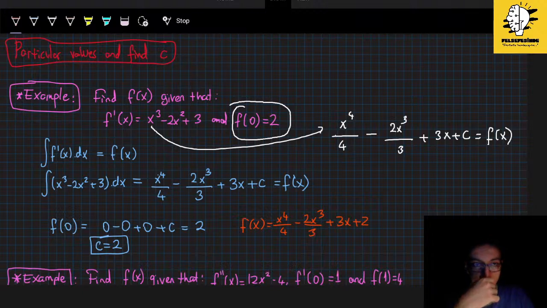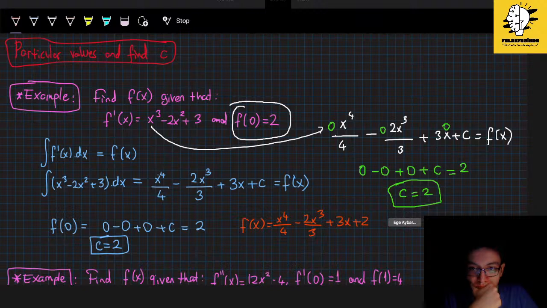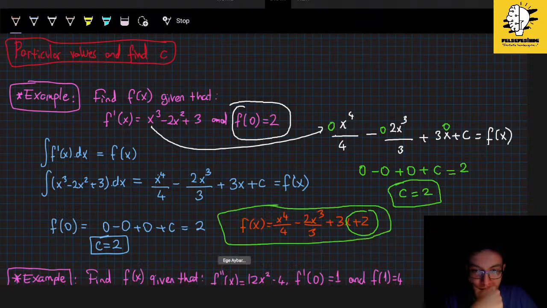It says that if we put 0 here, you will find that 0 minus 0 plus 0 plus c is equal to 2. So you can find that c is actually equal to 2. And at the end, we find c here. If we write the whole equation, that is 4 marks. And this is the part where we find the function.